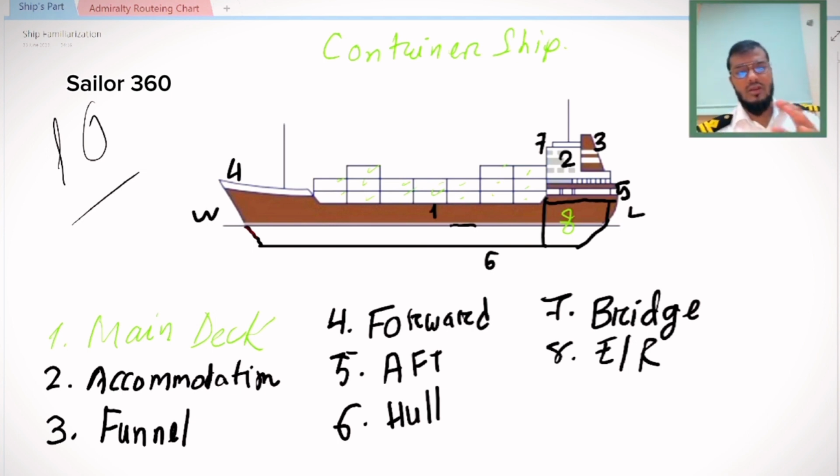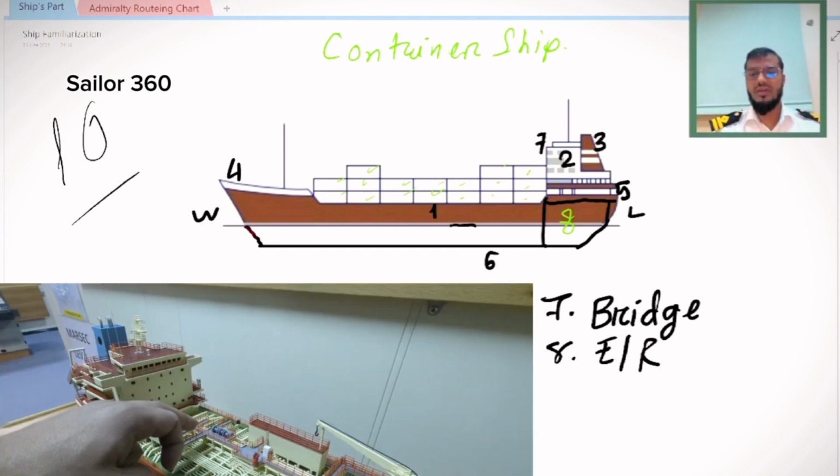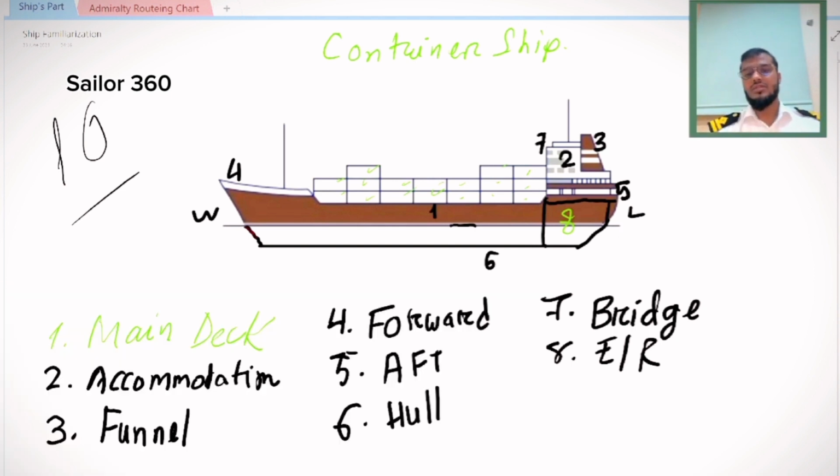Now look, we have learned about the forward part and the aft part and the bridge, engine room. So now maybe we can learn about the right side of the ship and the left side of the ship. If you consider the ship is divided right at the middle, following the fore and aft, then the right side will be termed as starboard side, and the left side will be termed as port side.